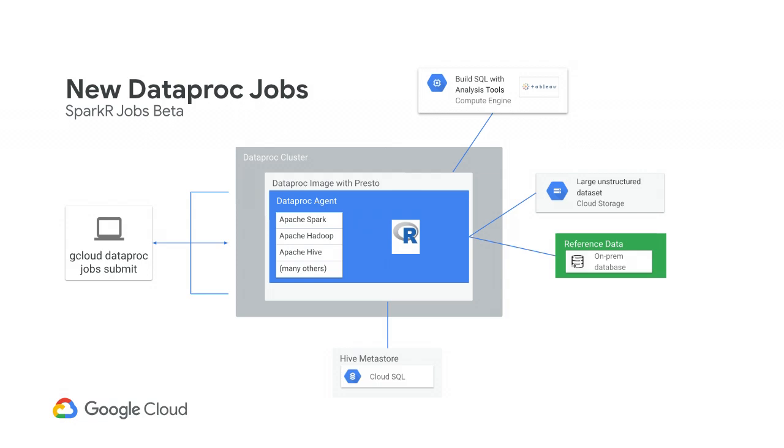And so now it's possible to submit your Spark R jobs through that Jobs API, which has them logged and monitored, and that makes it really easy to build automated tooling around your R code. It also makes it pretty easy to start separating the permissions of who has access to the cluster versus who has access just to submit jobs against the cluster. And you can do that now without setting up gateway nodes or something like Livy. You can just use the Jobs API.